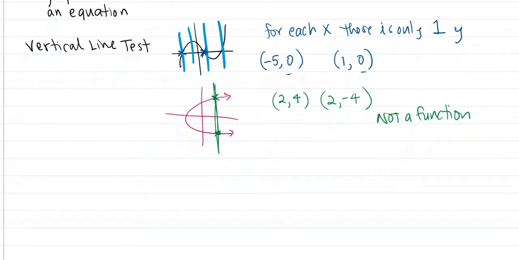Okay, there's also function notation. So in function notation, there's x. x is your input. There is f of x. That is your output. And then you have an equation, which puts those things together.